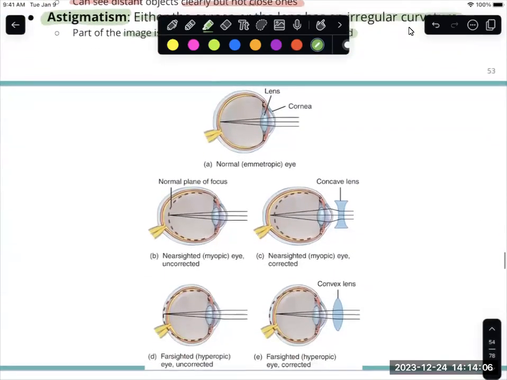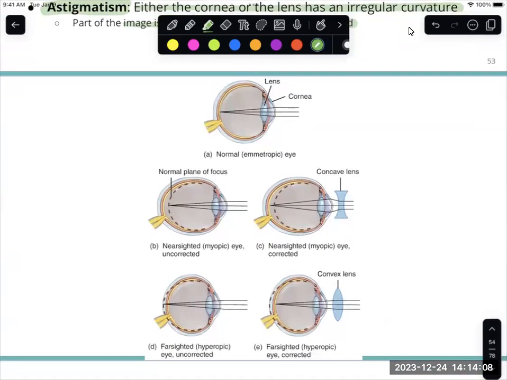So this shows that nearsightedness, they can see things close up. Normally, that image is focused in front of this retina back here. So they have to use a concave lens to focus that image to the back of the eye.